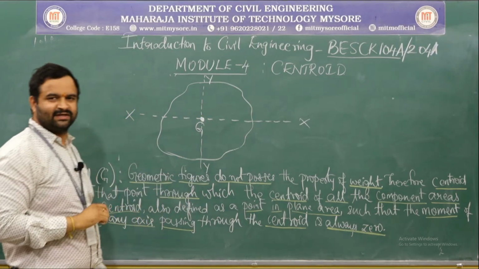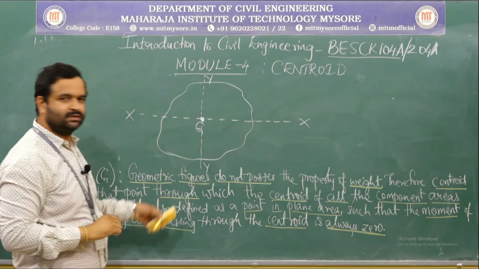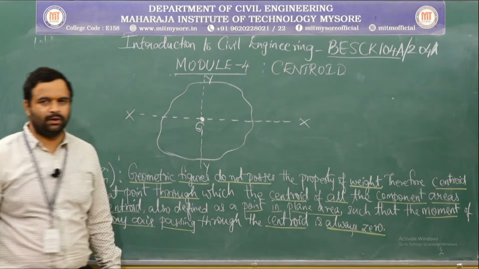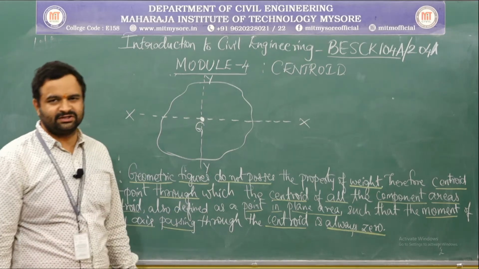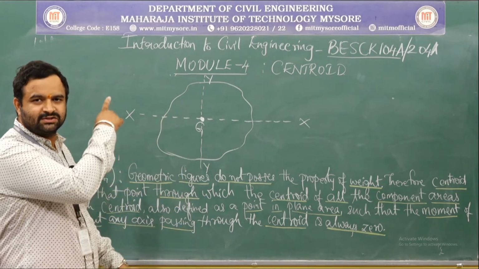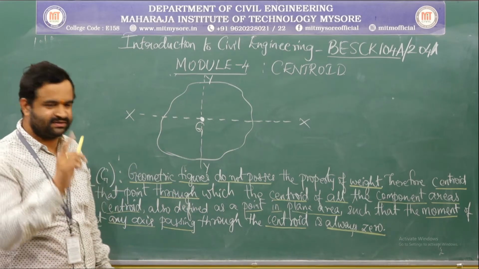Please observe, the x axis and y axis are the axes passing through the centroid. From this definition, the moment of an area about an axis that passes through the centroid is always 0.